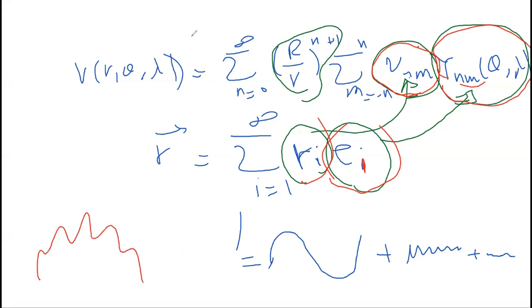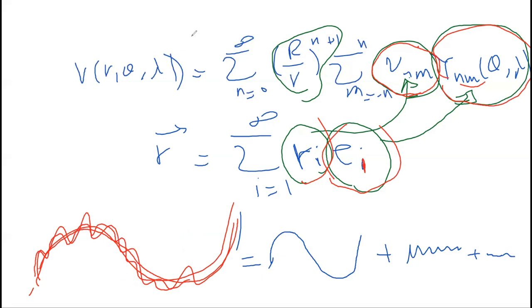This is a large function with a long period, and you will do the small ones with small periodic functions, and you will try to obtain it by harmonics.